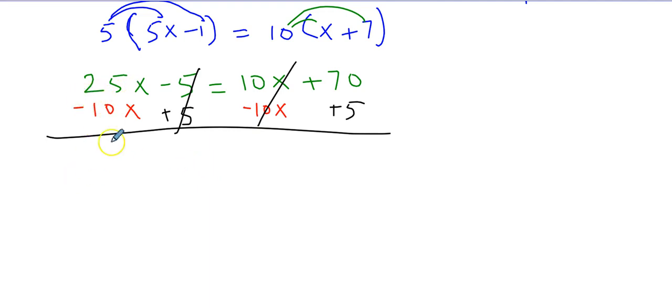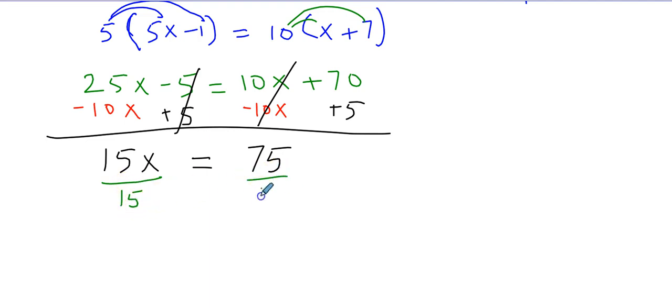So now 25x minus 10x gives you 15x is equal to 70 plus 5 is 75. Now it is 15 times x. It's a multiplication, so I'll do the opposite of multiplication, that is division.